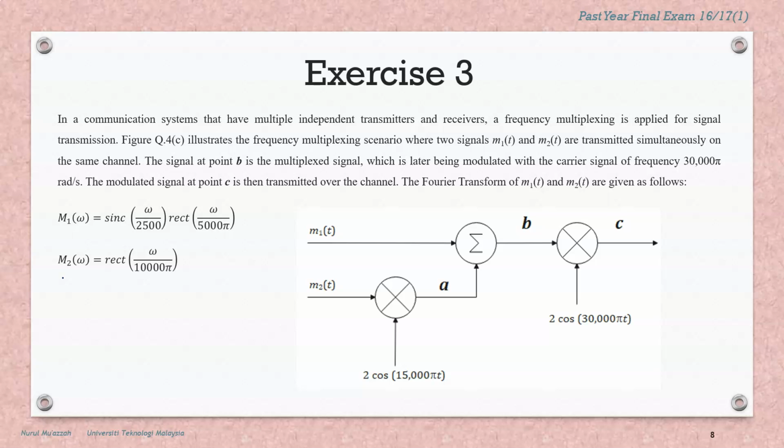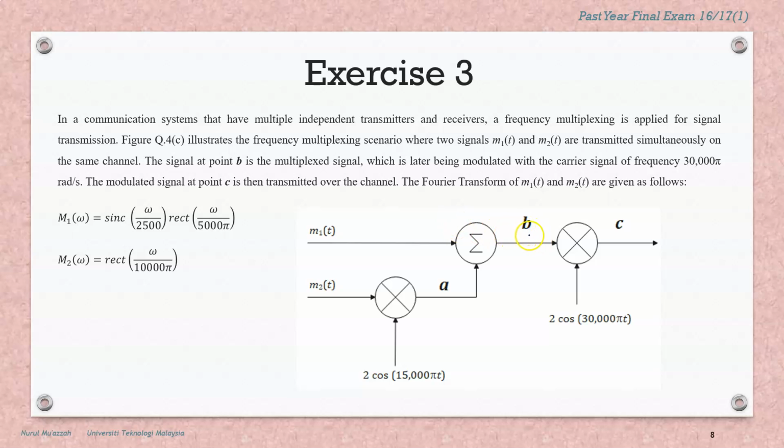So I repeat the question again. Basically, there are two signals, M1t and M2t, which have independent transmitters and receivers. However, the system uses frequency multiplexing to sum M1t and M2t. So M2t goes through the modulation process first, and then is summed with M1t.